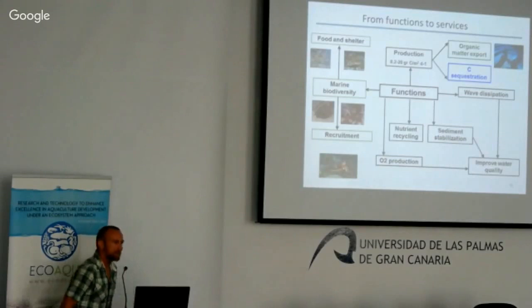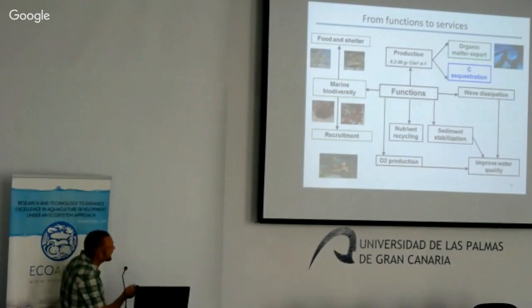The fish nursery function is only one relevant function, and it's very important that we keep in mind all of these functions, because at the end of the day, these functions underpin ecosystem services. So for example, in the case of seagrass meadows, we can define a whole range of functions. We know that seagrasses can sequester carbon, they can export organic matter to adjacent unvegetated habitats. They are also going to contribute to nutrient recycling.